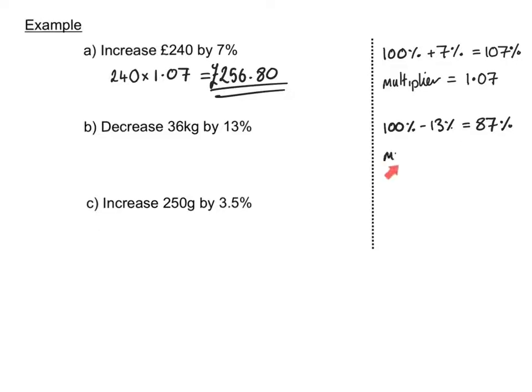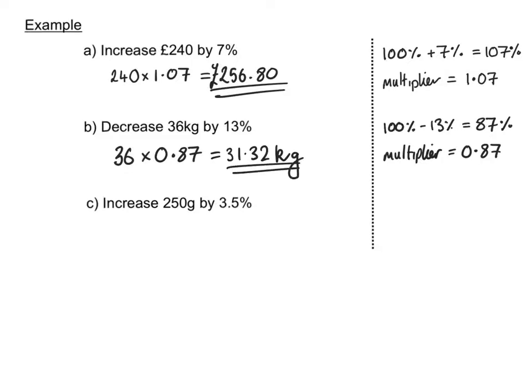The multiplier for 87% is simply 87 divided by 100, so 0.87. So if I want to take my 36 kilograms and decrease it by 13%, I'm just going to multiply by 0.87. In other words, use my multiplier to find 87%. Typing that into my calculator, I end up with 31.32 kilograms.